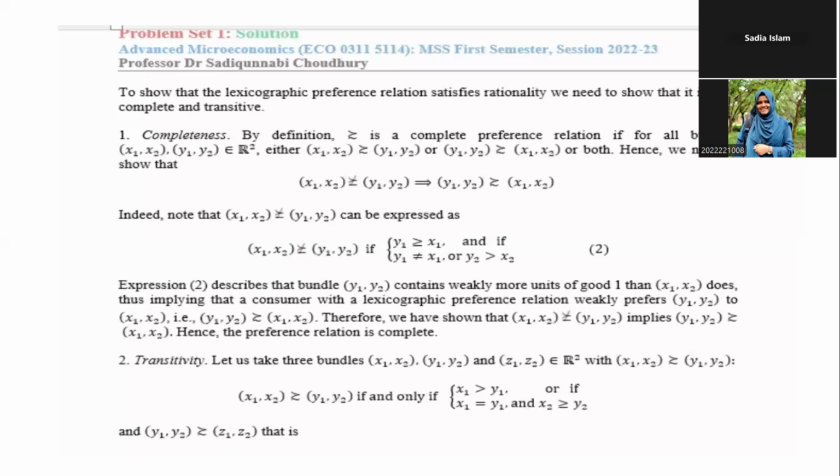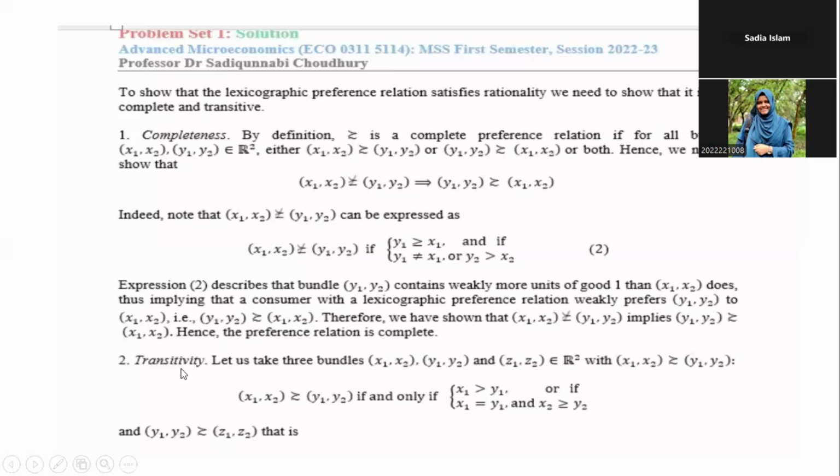For example, Y1, Y2 is weakly preferred to X1, X2. Simply, we can say that lexicographic preference is the order. We order our preference, that we prefer apple over orange, or we prefer orange over apple. This is called completeness.